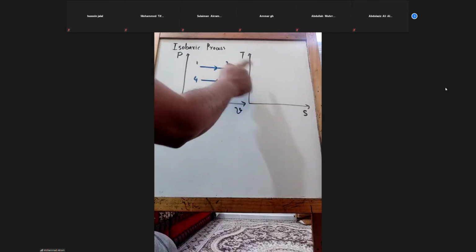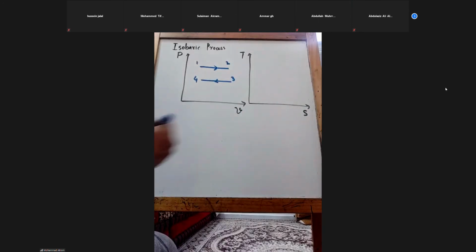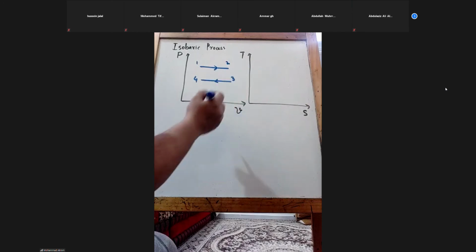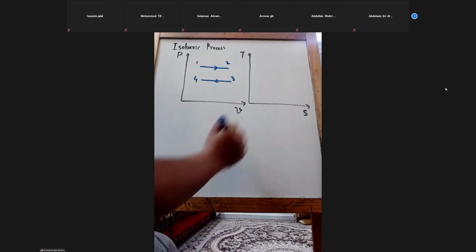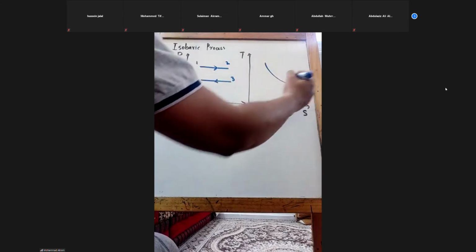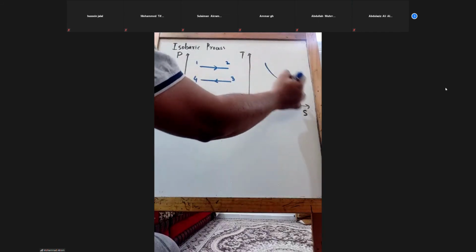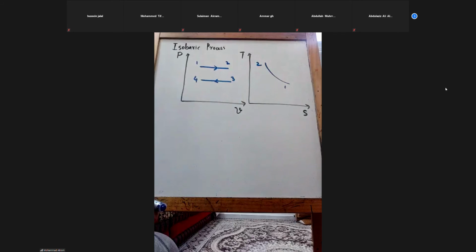So now, can I draw this entropy? Temperature is increasing 1 to 2 and entropy also increasing, right? So can I draw like this, 1 to 2? No. Why? No, doctor. Because what is happening here? It should be a straight line or what?